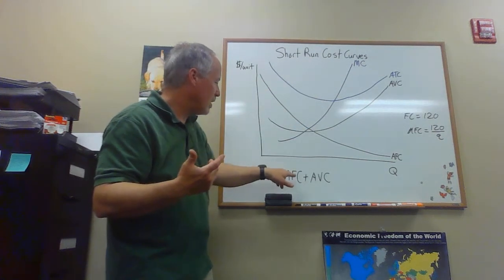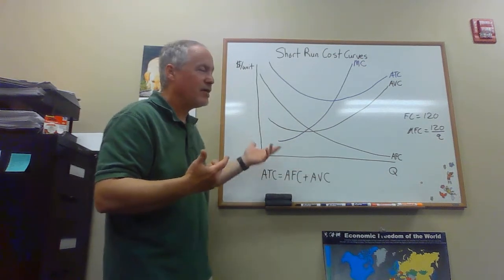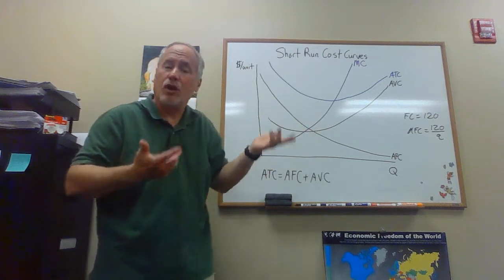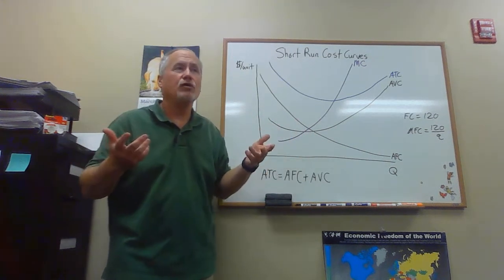And since average total cost is AFC plus AVC, if there's no average fixed cost, then the average variable cost would coincide with the average total cost. There's no point labeling that twice. In the long run, all costs are variable.